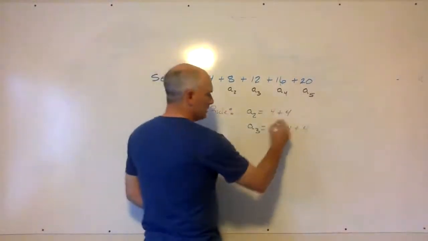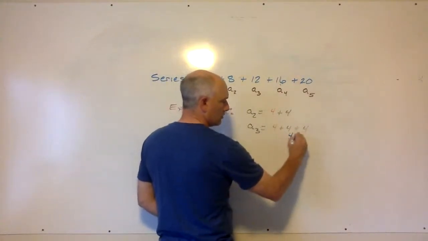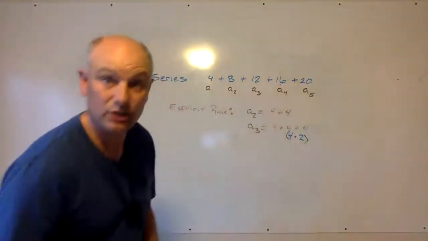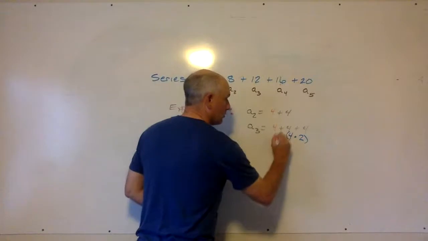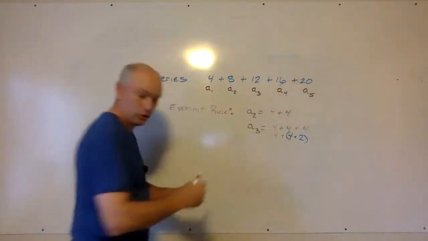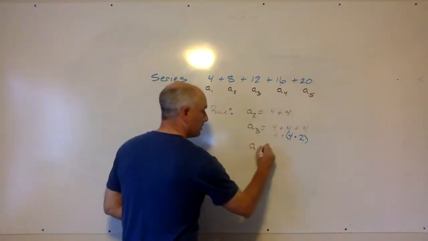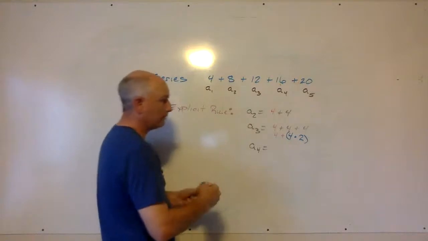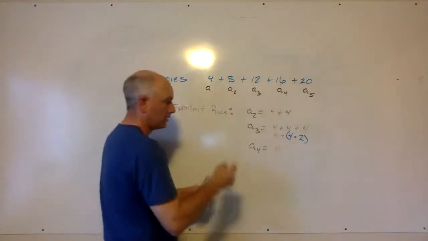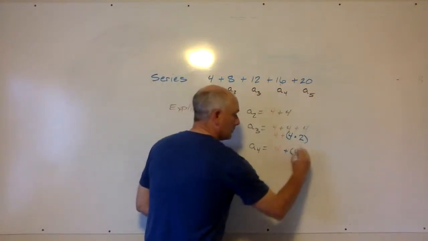So notice that this just looks like 4 times 2 here. Okay, so again, explicit rule. 4 plus 4 times 2. If I keep that pattern going then, a sub 4 would be equal to what? 4 plus 4 times 3.